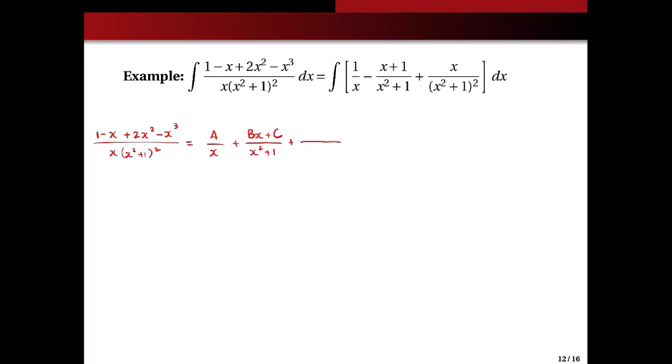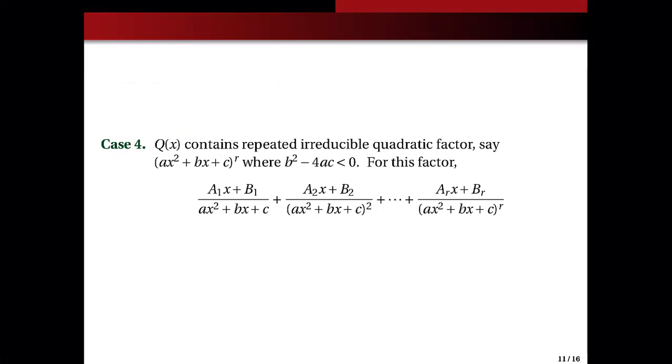Plus, because x squared plus 1 is a repeating factor, we include all powers. So you have x squared plus 1 quantity squared, but the numerator is still linear. So this will be Dx plus E. So that's what it meant. This guy here is coming from this decomposition.